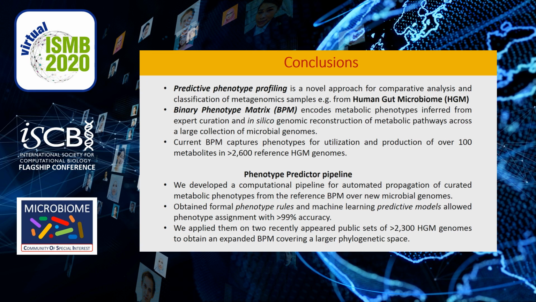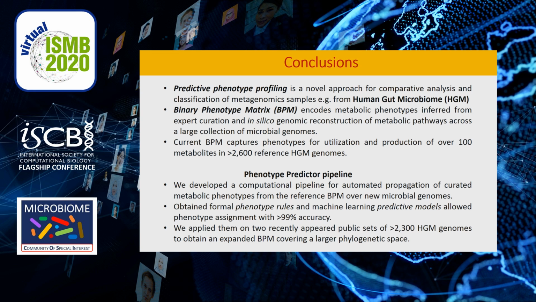Conclusions. Predictive phenotype profiling is a novel approach for comparative analysis and classification of metagenomic samples. The Binary Phenotype Matrix encodes metabolic phenotypes inferred from expert curation and in silico genomic reconstruction of metabolic pathways across a large collection of genomes. The current BPM captures phenotypes for utilization and production of over 100 metabolites and over a thousand reference genomes.